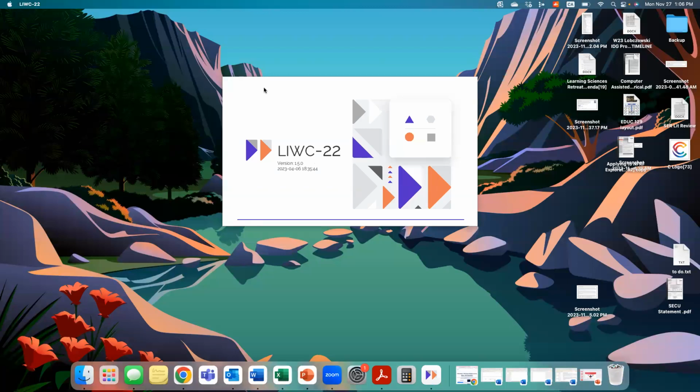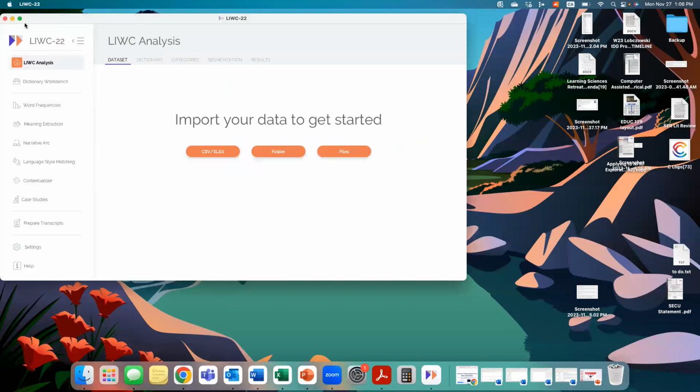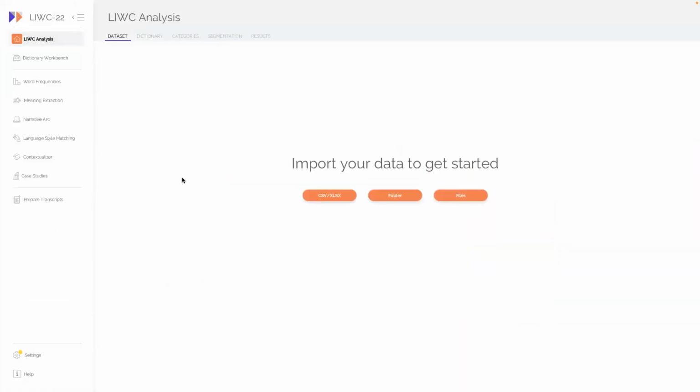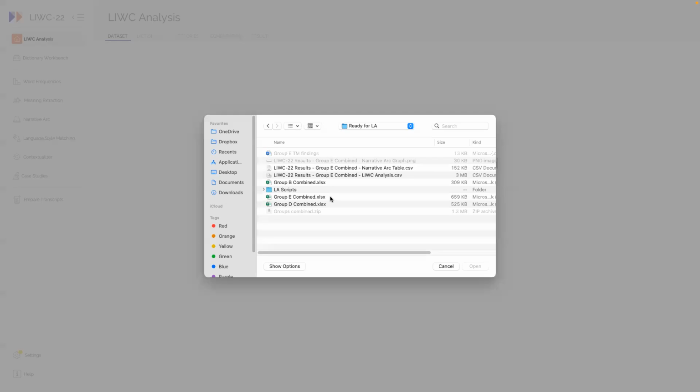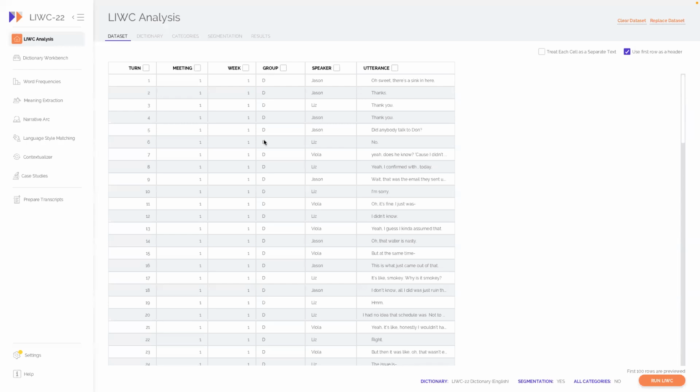As you can see, again, it's its own independent app, and it's really straightforward. Import your data set. I'm going to put in a CSV file. I am going to do something from my dissertation. This was my group that rated themselves as low.